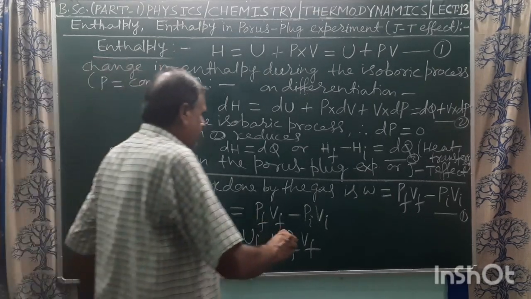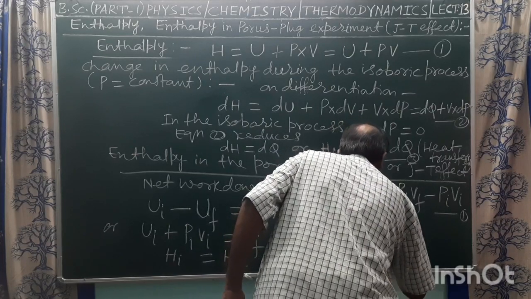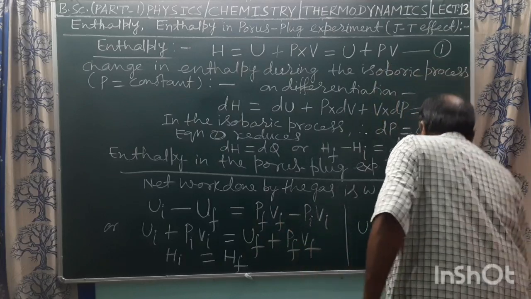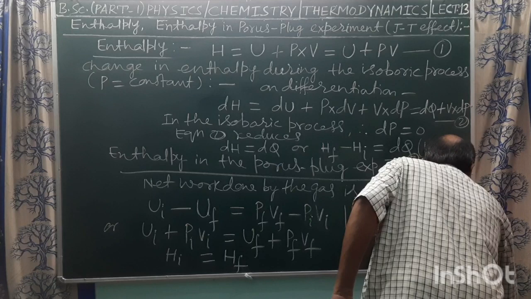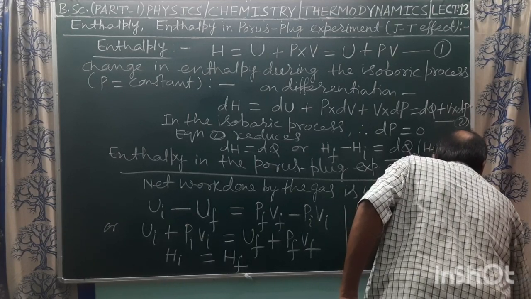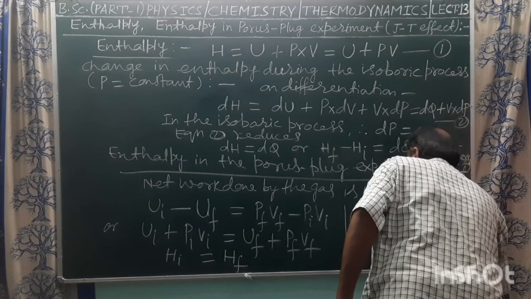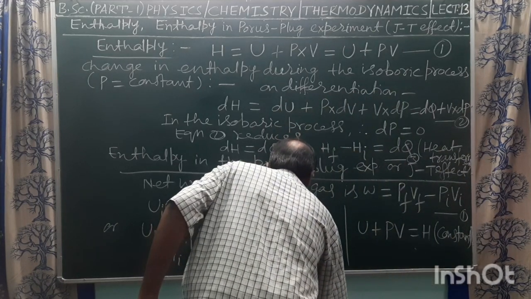That is, in general, we can write it as the quantity U plus PV. The quantity U plus PV is what? Enthalpy of the system. That is capital H, and it is constant. It remains constant in the porous plug experiment or Joule-Thomson effect. Say it is equation number 2, Hi is equal to Hf.